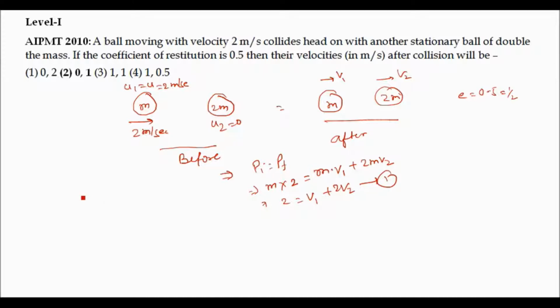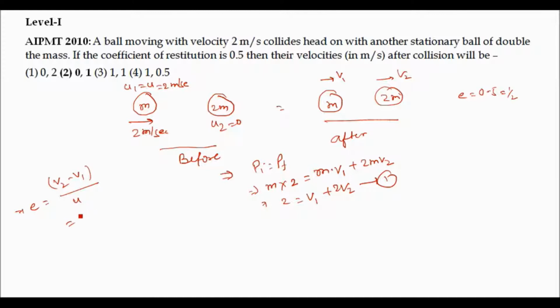Now if you apply the formula of coefficient of restitution, then e is equal to velocity of separation divided by velocity of approach. So velocity of separation is equal to v2 minus v1 as per this figure, and velocity of approach is equal to u.